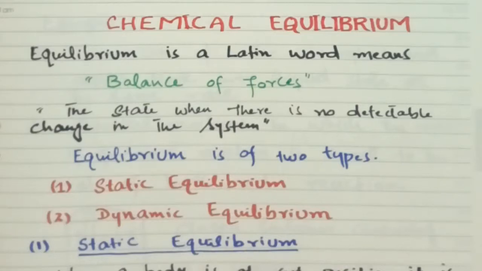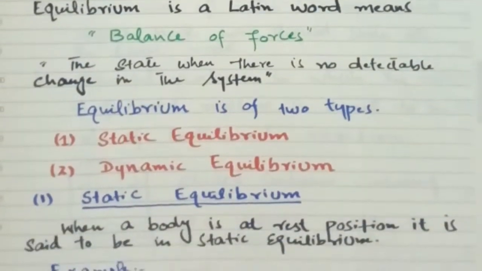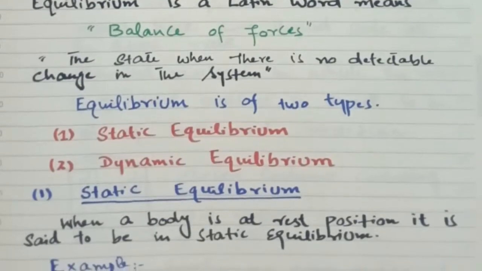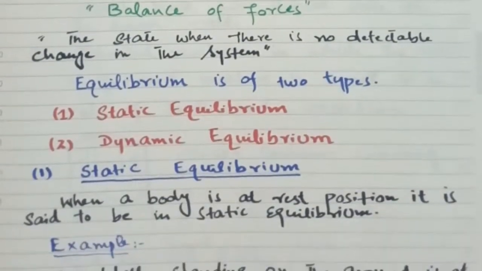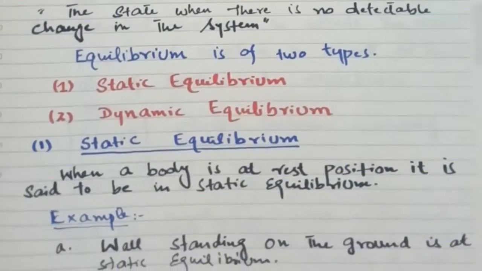Now, equilibrium is of two types. One is static equilibrium and another one is dynamic equilibrium. Static equilibrium is when a body is at rest position and it doesn't change its position at all.